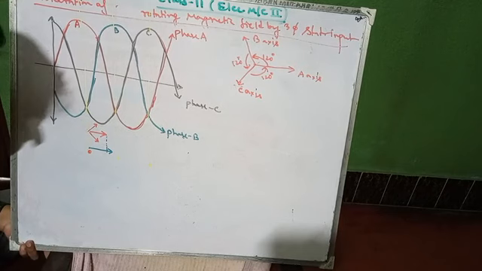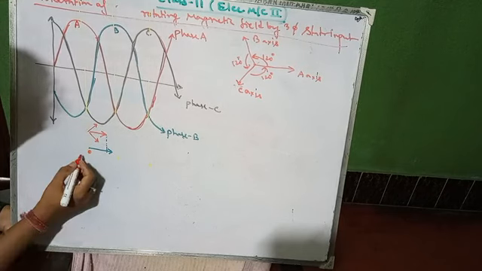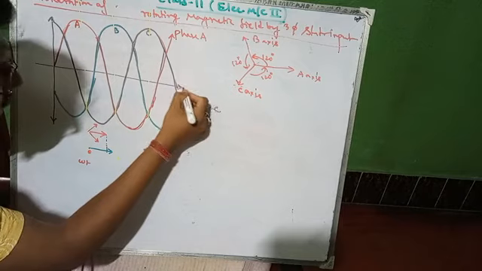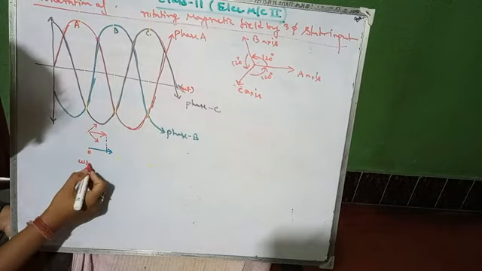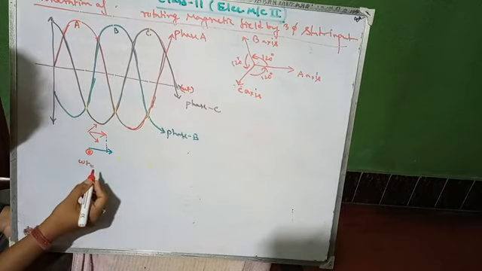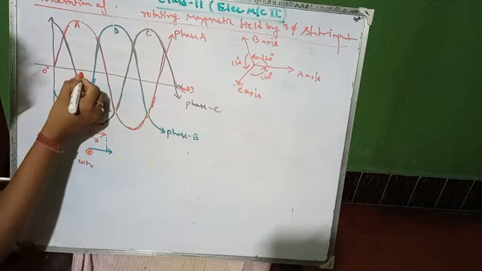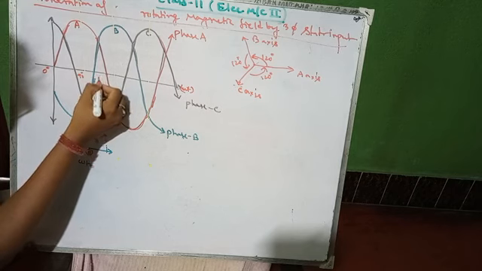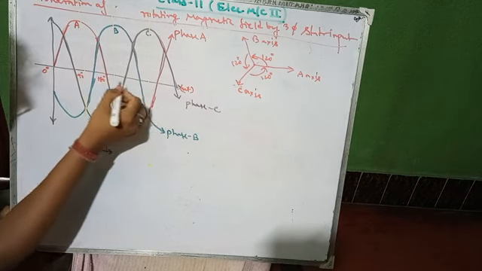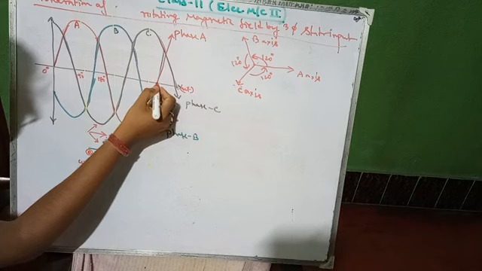For the second instant, this is the omega t axis. Omega t equals 0 degree, 90 degree, 180 degree, 360 degree.